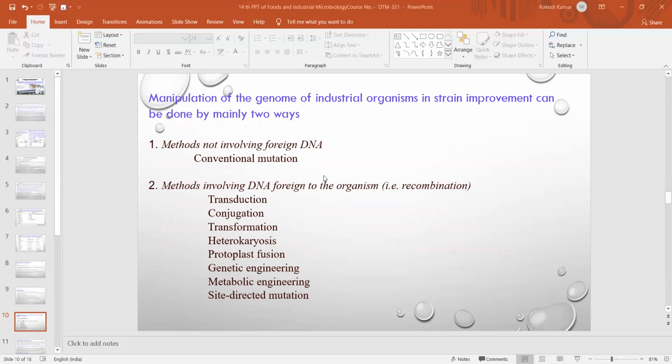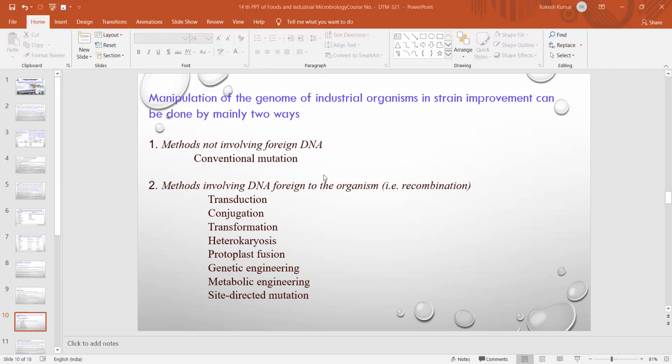Now, how can you manipulate things? Manipulation of the genome of industrial organisms in strain improvement is done mainly in two ways. First, methods not involving foreign DNA, which is the conventional mutation method.